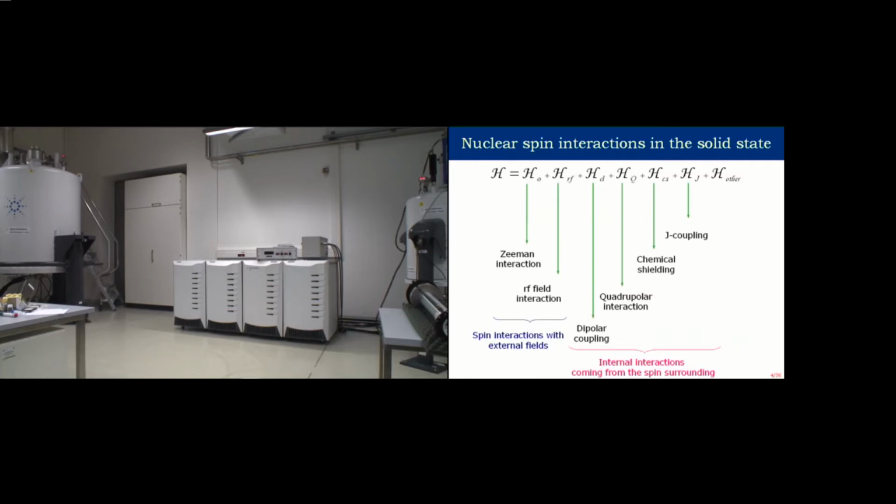Quadrupolar interaction is an interaction sometimes between a dipolar spin and a quadrupolar spin, sometimes only the quadrupolar nucleus itself. And the last one, chemical shielding, which is a feature that takes place because of the electrons flowing around the nucleus which we study.